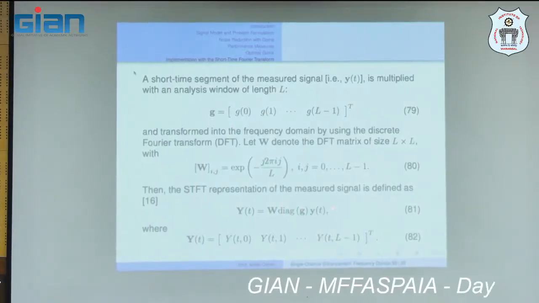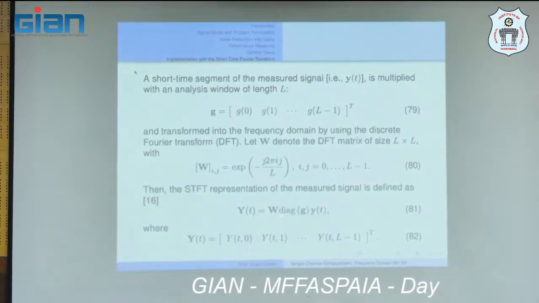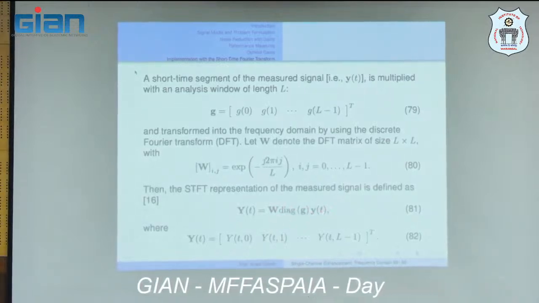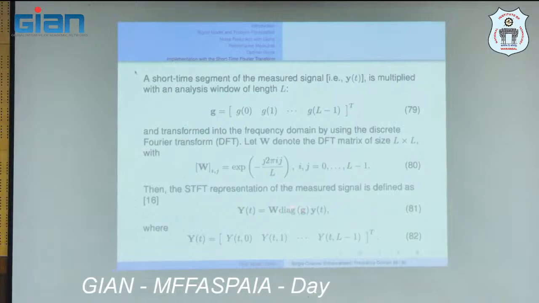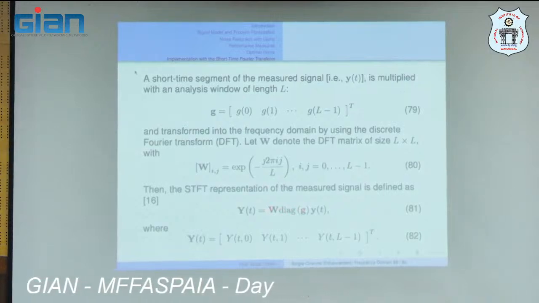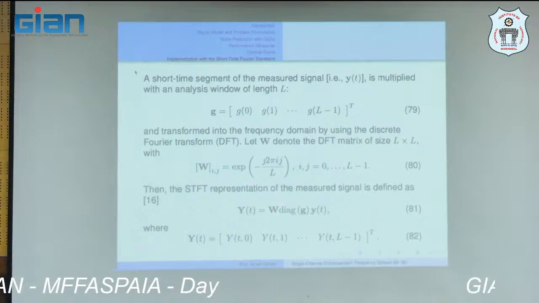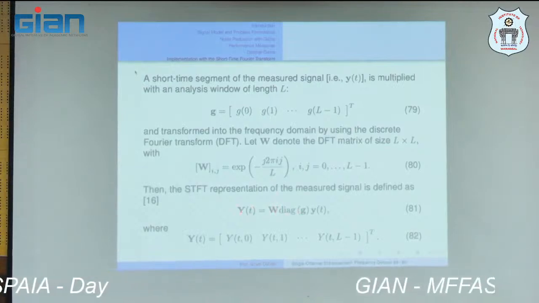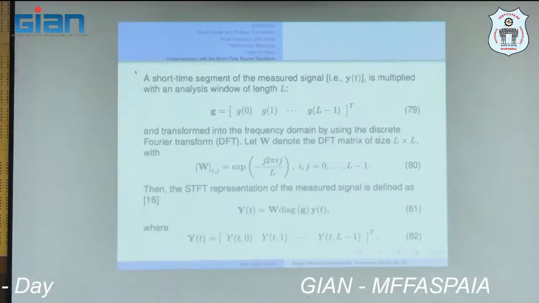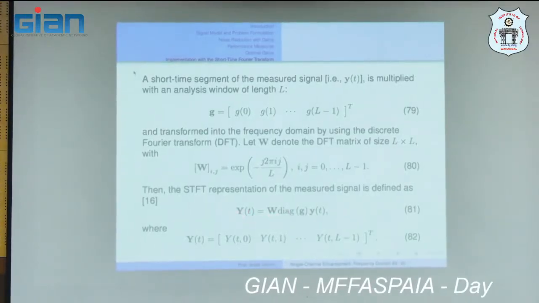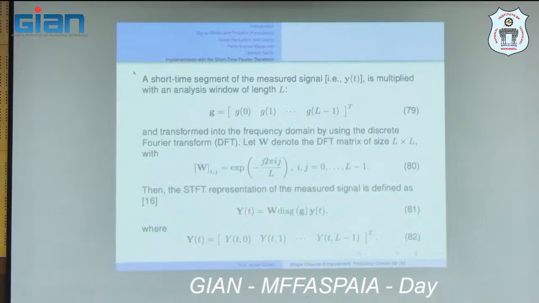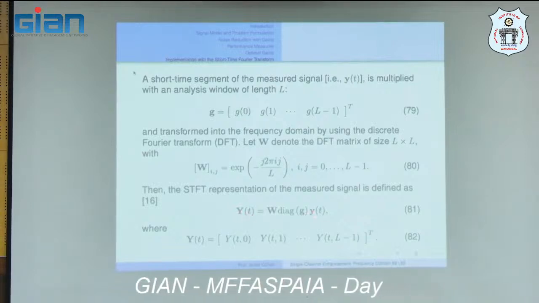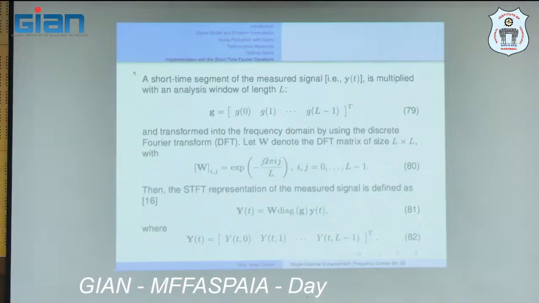This is the windowed measurement of length L. And then we multiply it with the matrix of the discrete Fourier transform, which is L by L. And we get a vector of length L that contains the frequency bins for this time window.